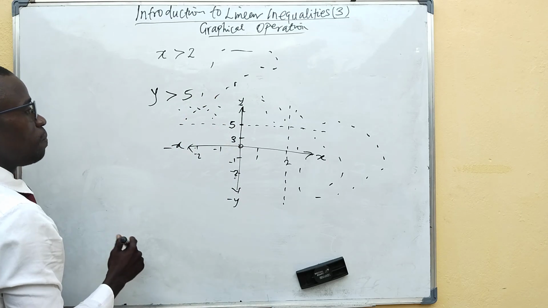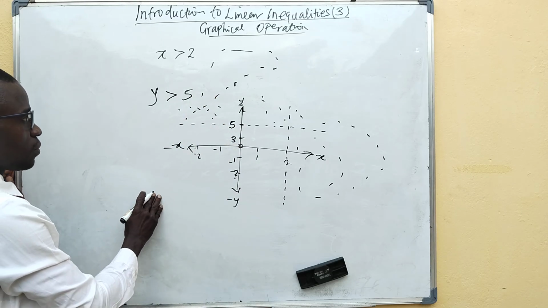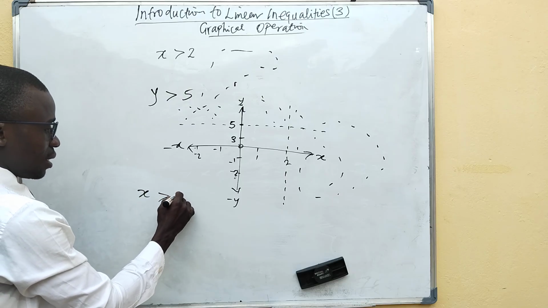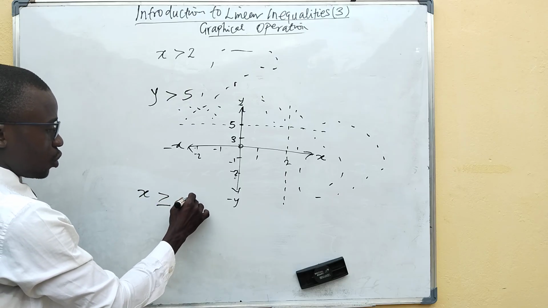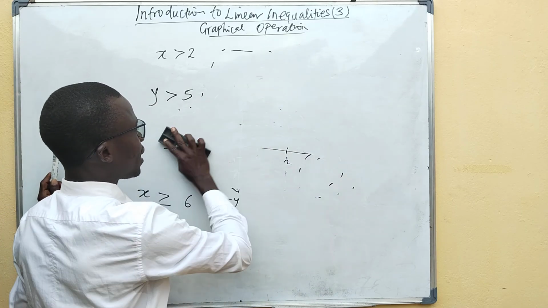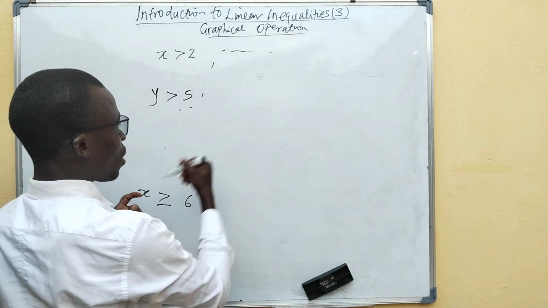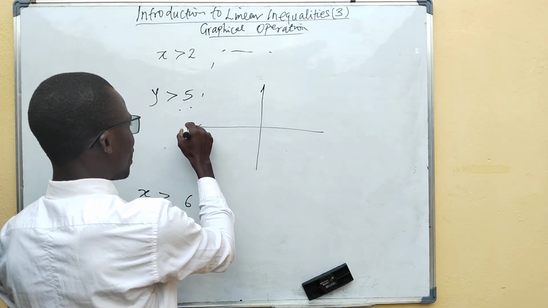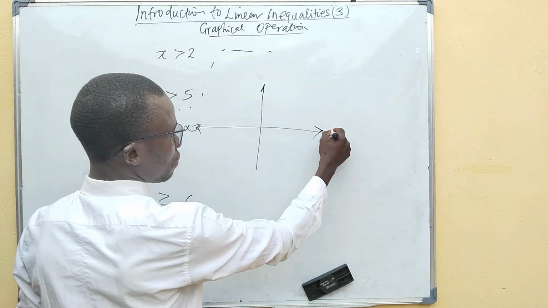Now, what if I have x is greater than or equal to 6? How do I show this? I already know that this is my negative x and this is my positive x.